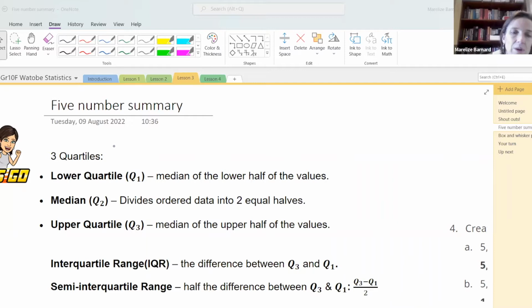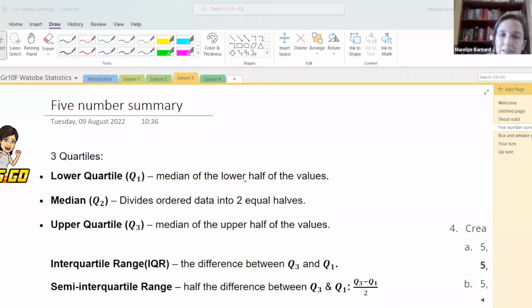So when we talk about quartiles, it just means taking a data set and dividing it into 4 parts. We get quartile 1, quartile 2, and quartile 3. The lower quartile we call Q1, and the upper quartile is Q3.